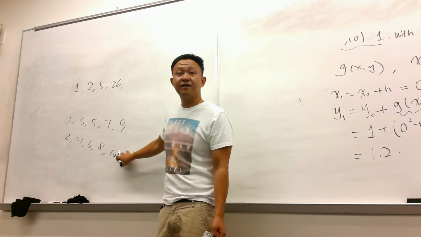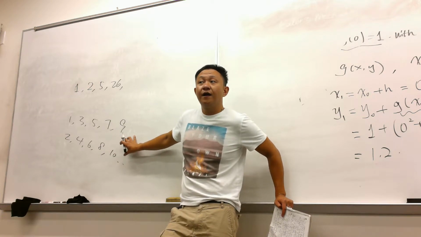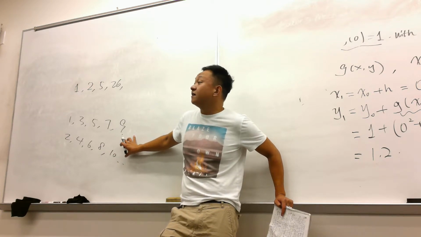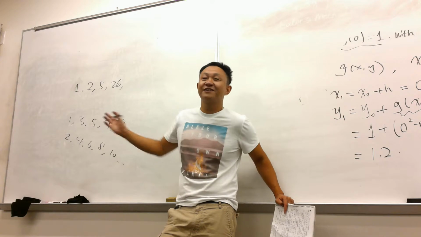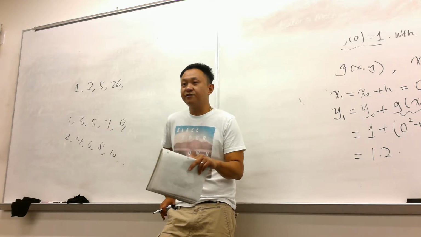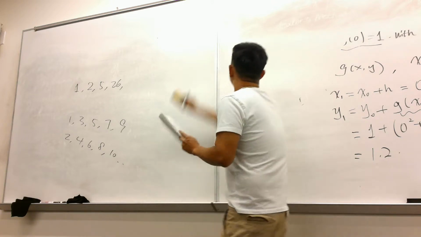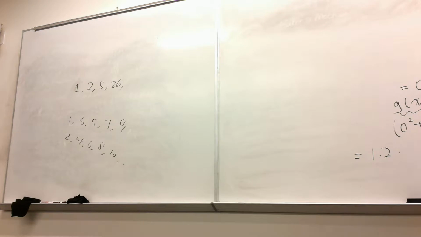And here is also each time you add 2. What kind of sequence do we call it? Yeah, arithmetic sequence. That's what we call it. But what we are going to do today is called the geometric sequence. So today is going to be 12.1, geometric sequence.